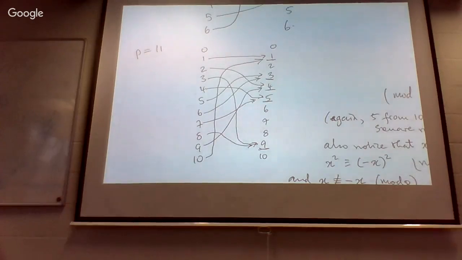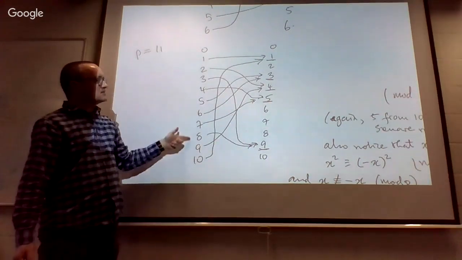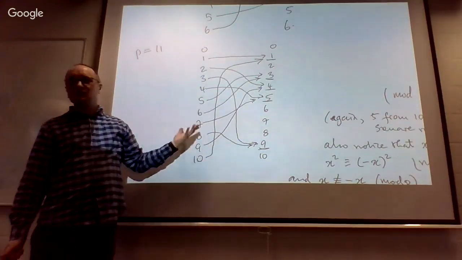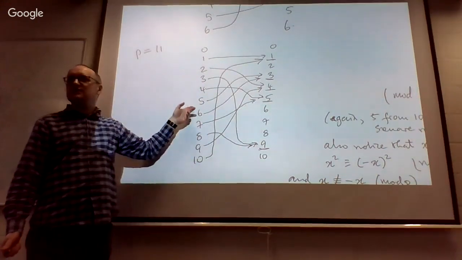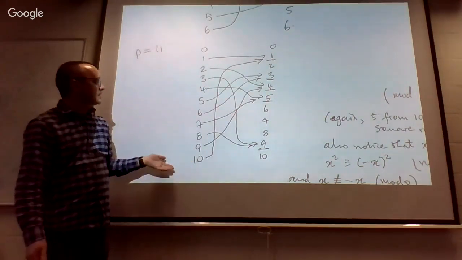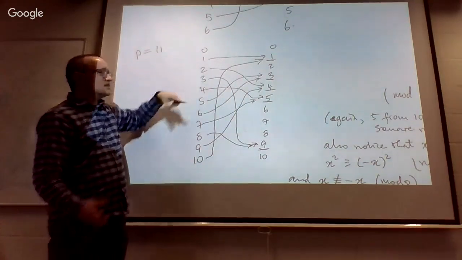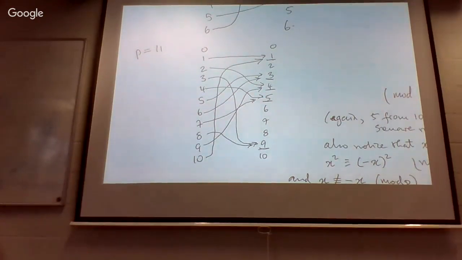Everything looks positive. But of course, these are just representatives of the congruence classes modulo 11. Equally well, I could have called these -1, -2, -3, -4. I could have chosen different representatives. Remember, each of these things here is representing an infinite set, a congruence class of integers modulo 11, which contains positive integers within it and negative integers within it.